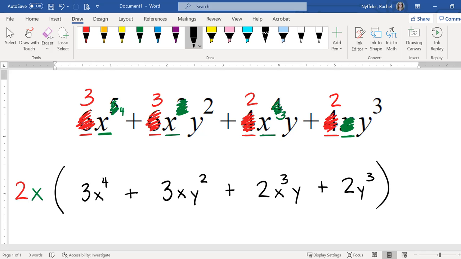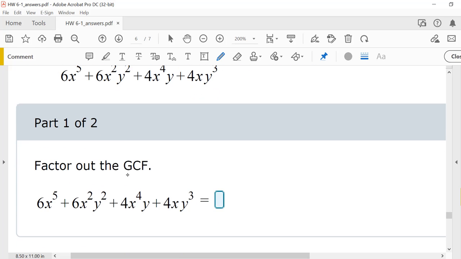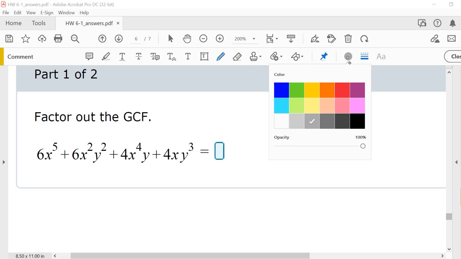So let's go back over to our homework page. Factor out the GCF. That's what goes here. So we're going to write 2xy. Oops, I'm going to go black.